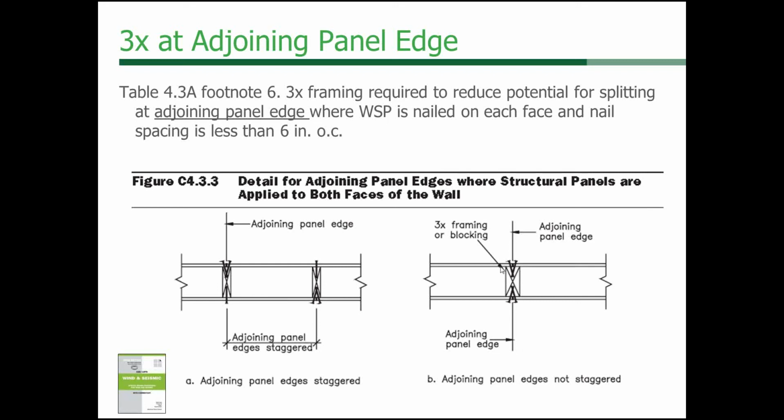So in order to avoid that splitting, we require a 3-by member there. Or you can specify that the panel joint locations on either side are offset, staggered, to prevent that splitting of that member.